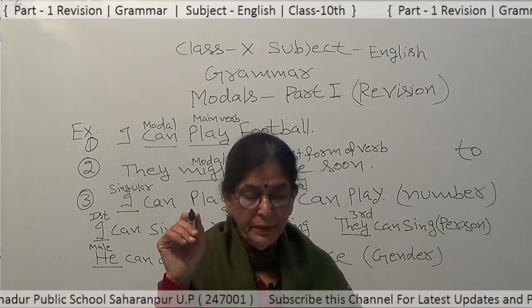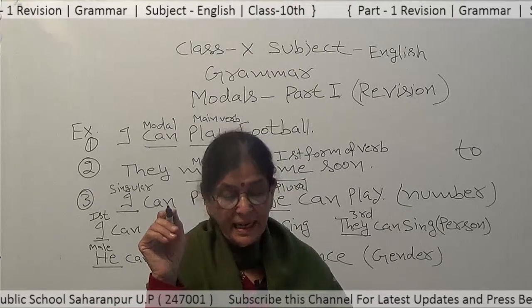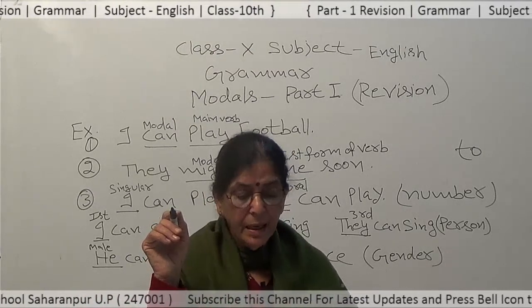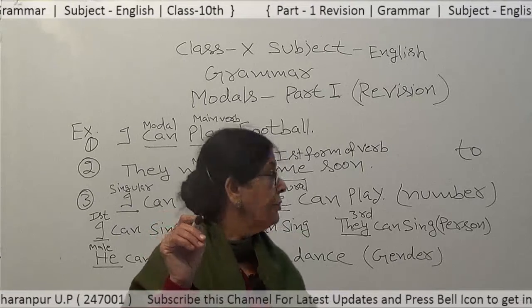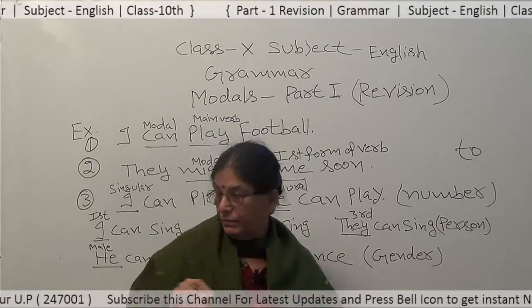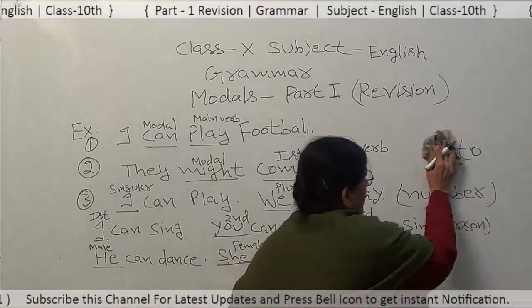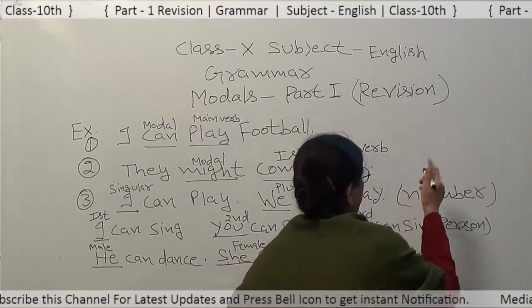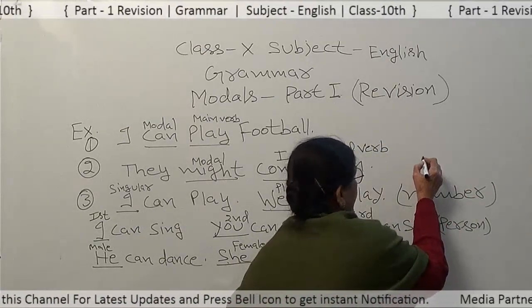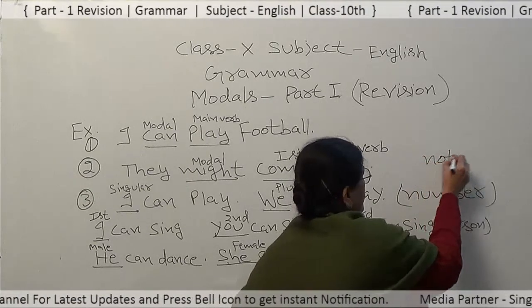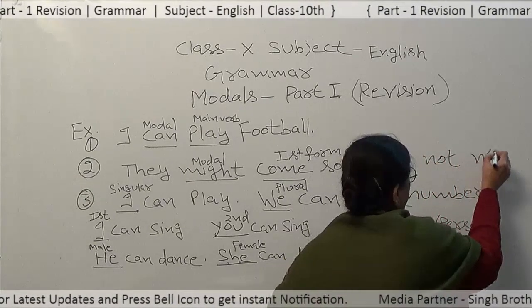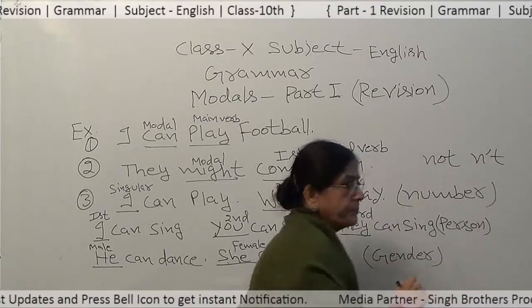Number 5, negative sentences with modals are formed by using not or the shortened form n't.